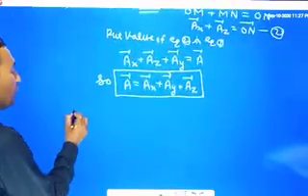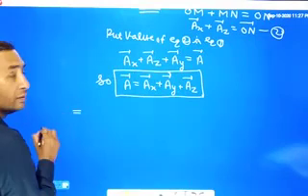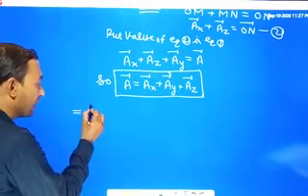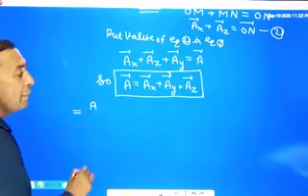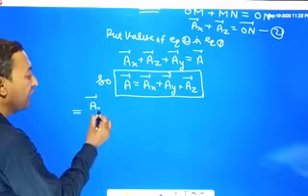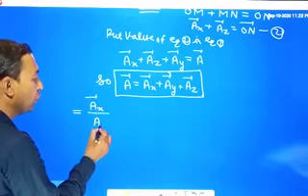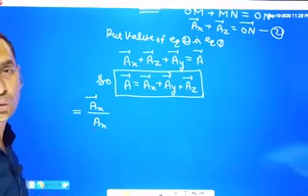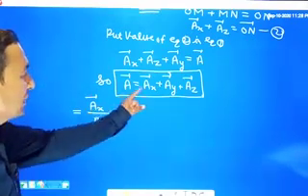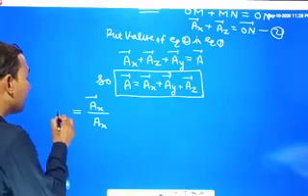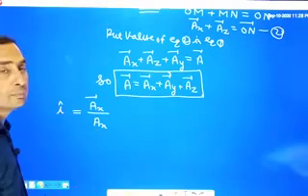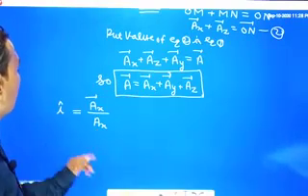Now we know that a unit vector is any vector divided by the magnitude of that vector. The magnitude of the x-direction vector is Ax, so this becomes i cap, because the unit vector in the x direction is i cap.